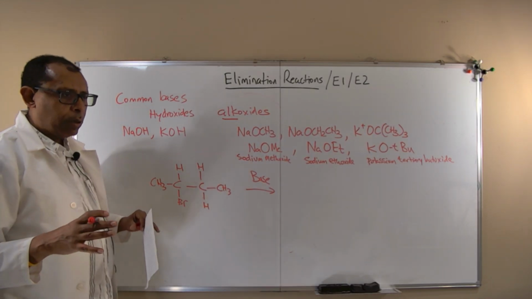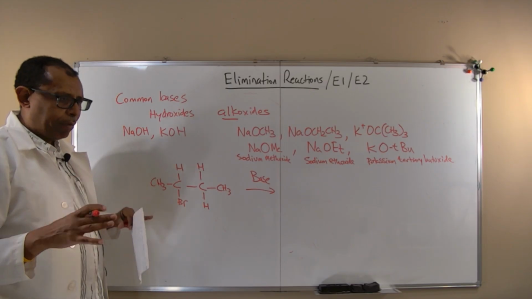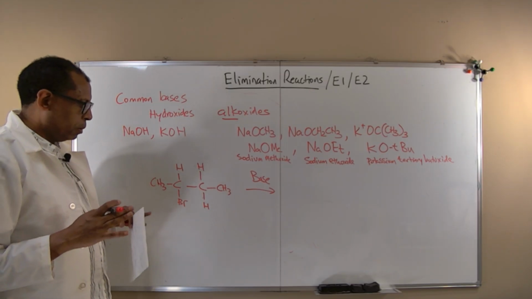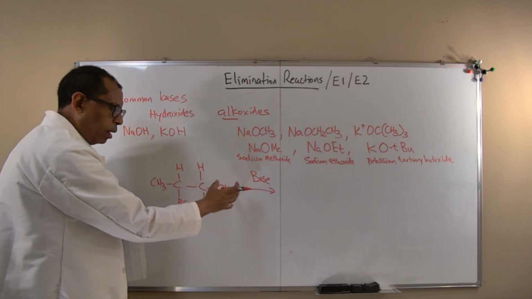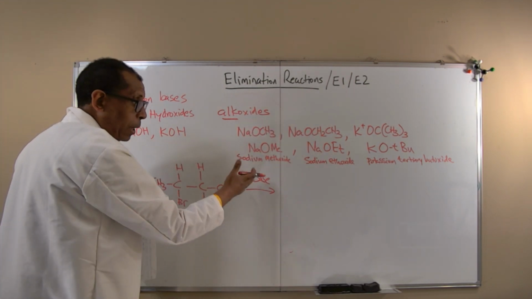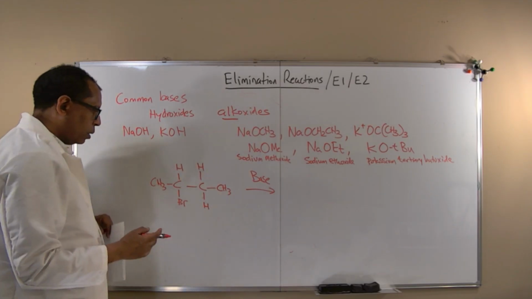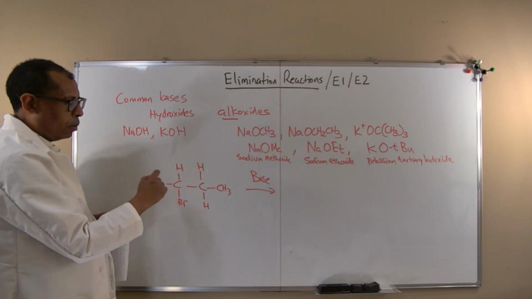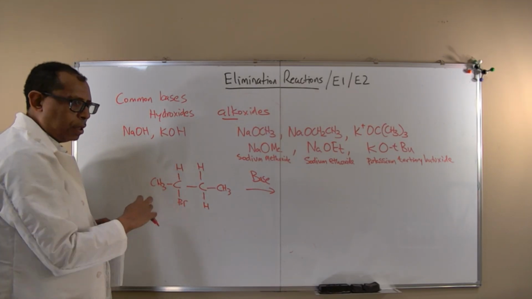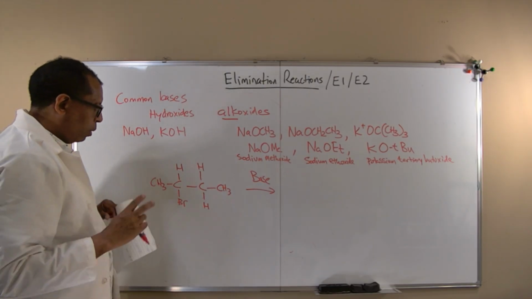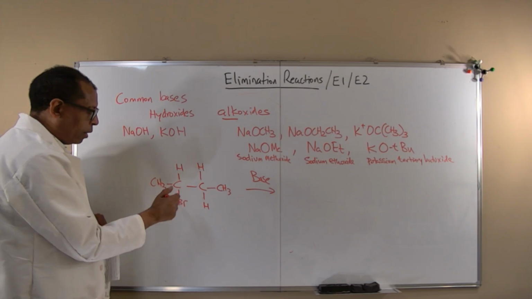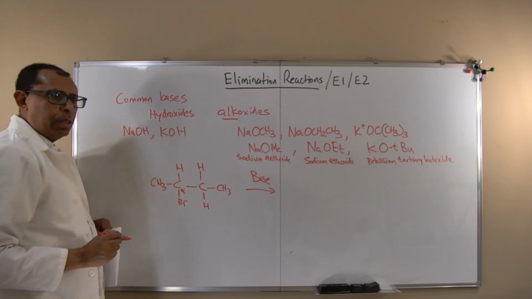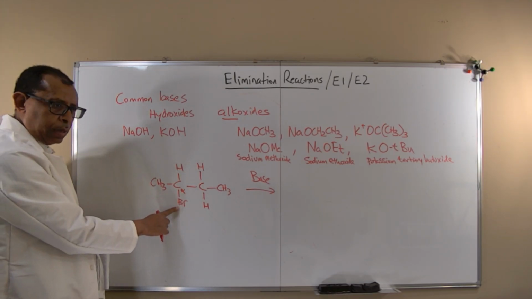Also, in designating alpha and beta carbon, you should always be careful what product you'd get. So let's say we have one of these bases in the reaction. If you are given this, what are the products of this elimination reaction? Let me designate, this is obviously the alpha carbon, always, because it's containing the halide.